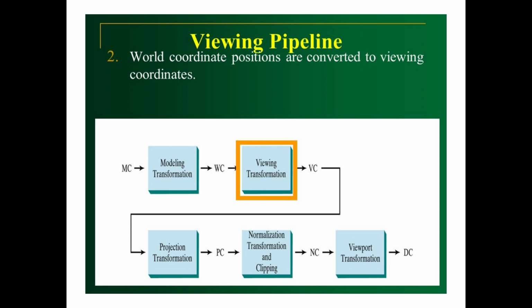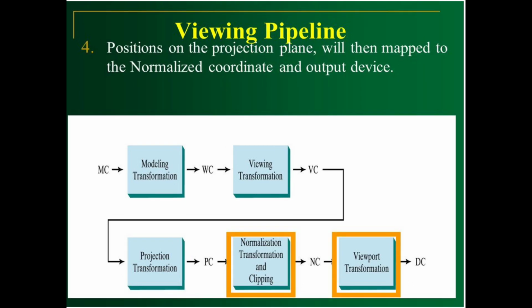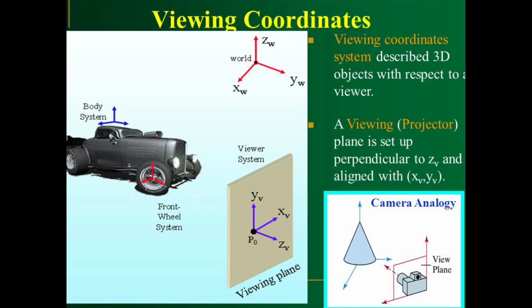The viewing coordinates description of the scene, the coordinate position of the projection line and the position of the projection plane, will then be mapped to the normalization coordinates and output devices.